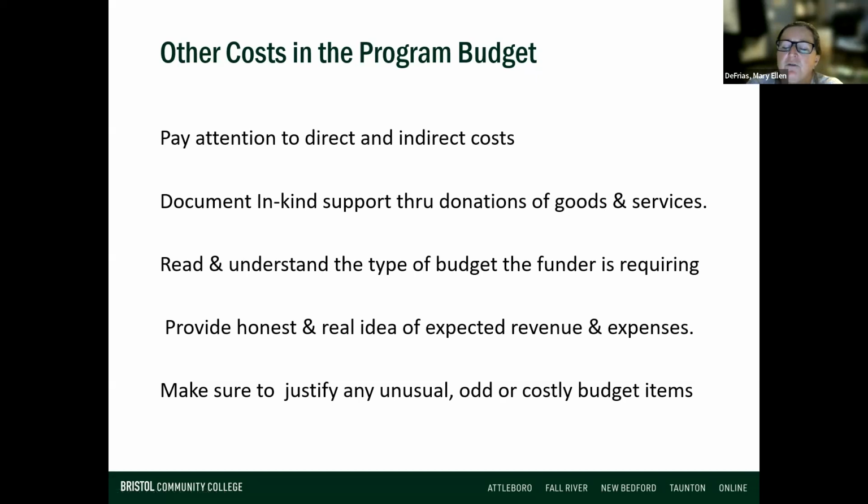It's always very good to be cautious on revenue and overly generous on expenses. Okay. I'd rather over budget on expenses and under budget on revenue than over budget on revenue to get a balanced budget and under budget on expenses, and then I have to somehow make that money up when I realize the numbers are not working out.